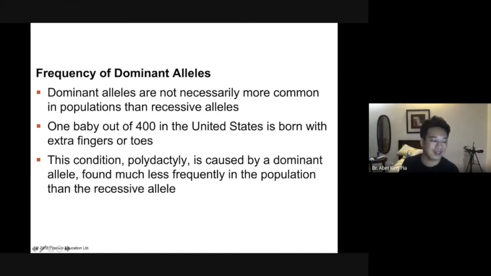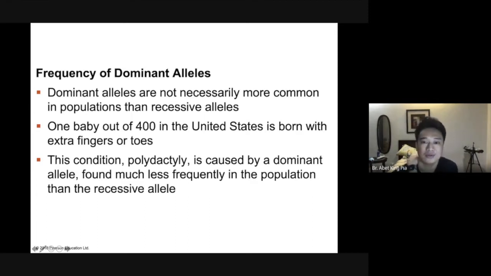But then sabi, it's the dominant feature, yung widow's peak. Mas pag meron ka nun sa allele mo, mas dominant yon. So sabi ko, okay, ibig sabihin pala talaga, dominant alleles, even if it's dominant, they are not necessarily more common in populations than recessive alleles. Okay? An example, polydactyly.